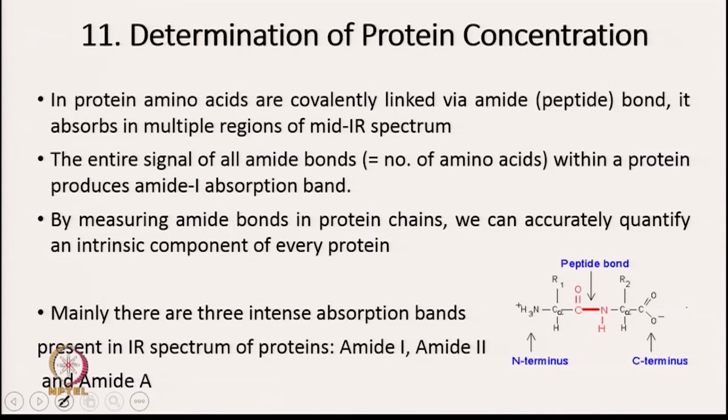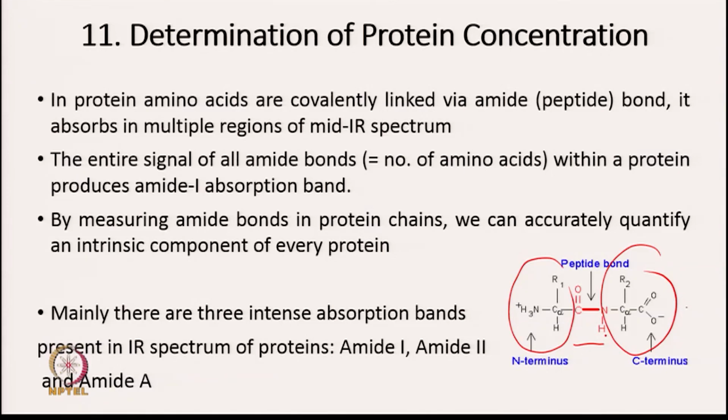So, by measuring amide bonds in protein chains, we can accurately quantify an intrinsic component of every protein. You can see that two amino acids are linked by an amide bond, and this amide bond has a characteristic spectrum, and by measuring the signal of the amide bond, you can know the concentration of protein.